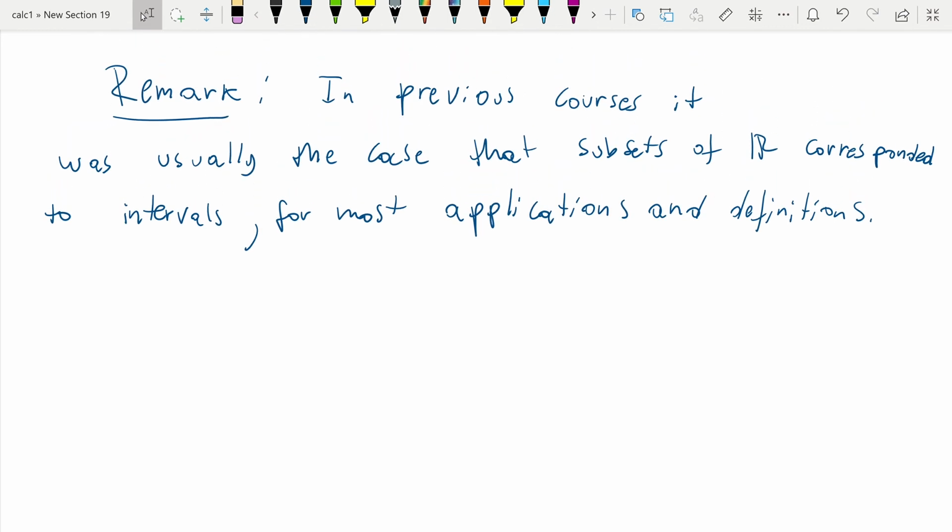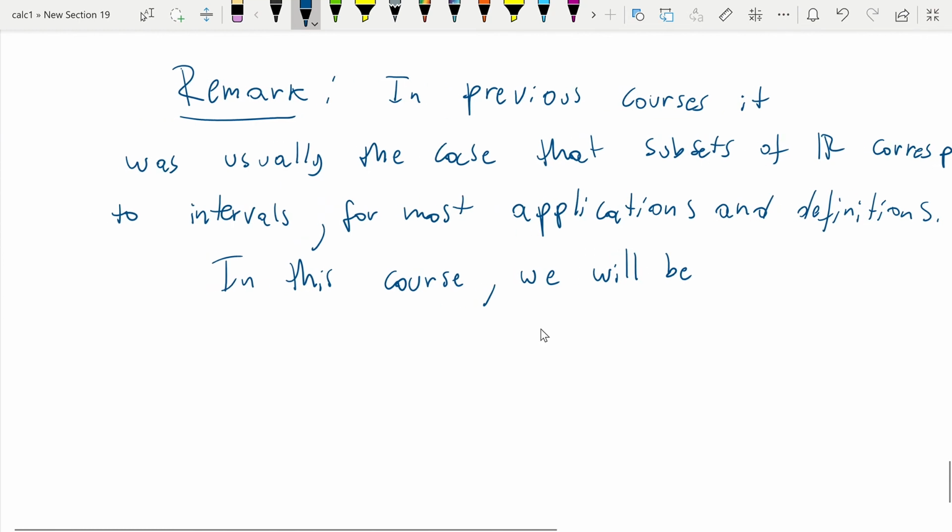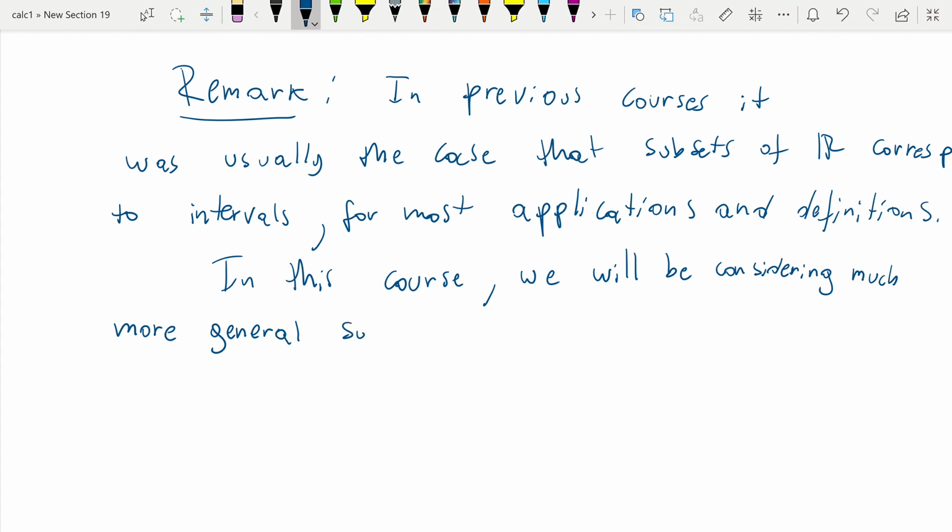And as I said, in this course we'll be considering much more general subsets of the real numbers.